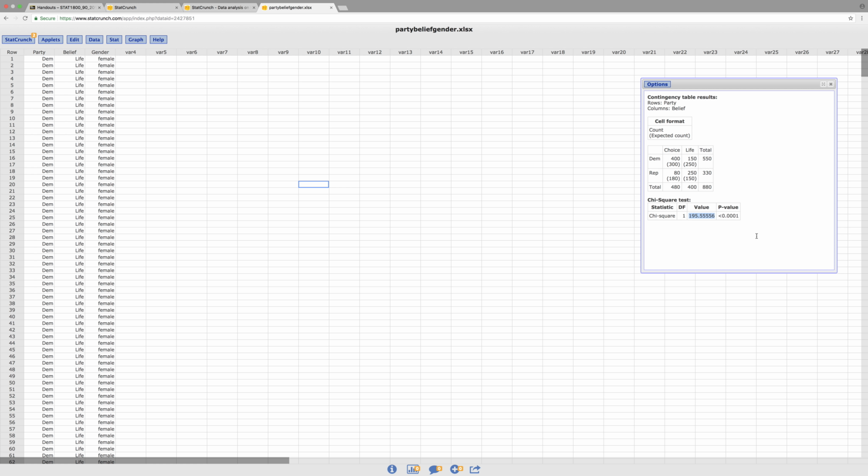So the chi-square test statistic is the sum of the differences between the observed cell count and the expected cell count, quantity squared in the numerator, divided by the expected cell count. Now, let's go back over, and we can see here that we have chi-square degrees of freedom 1.